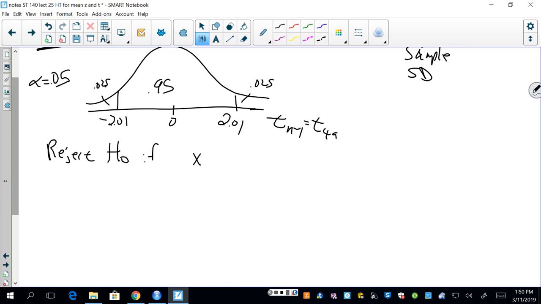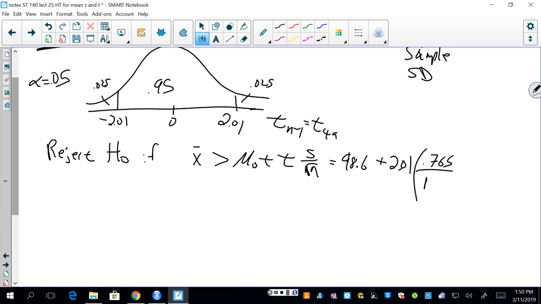if our x bar is greater than mu sub 0 plus a t-value times s over the square root of n. And so it's then 98.6 plus our t-value 2.01. A little bit more is required. And the s 0.765 over the square root of 50. And that cutoff, we'll get that number shortly.